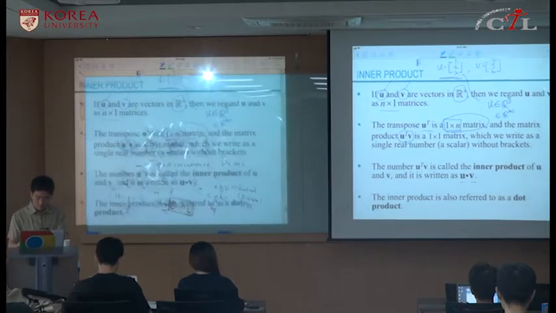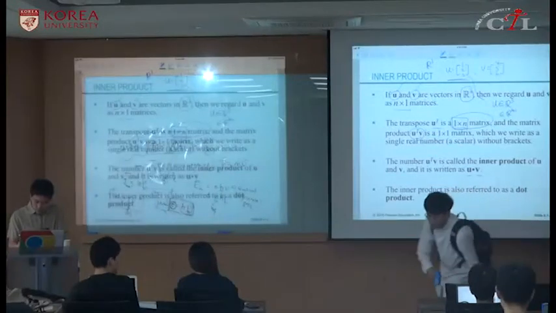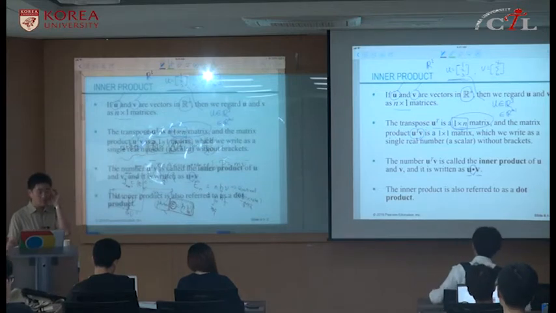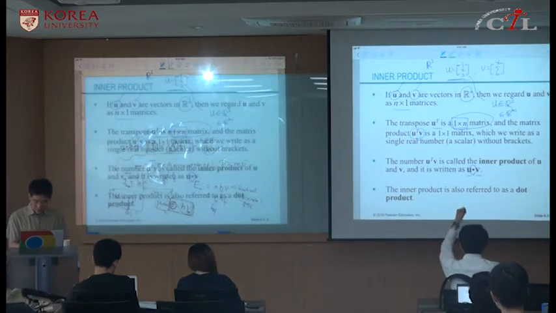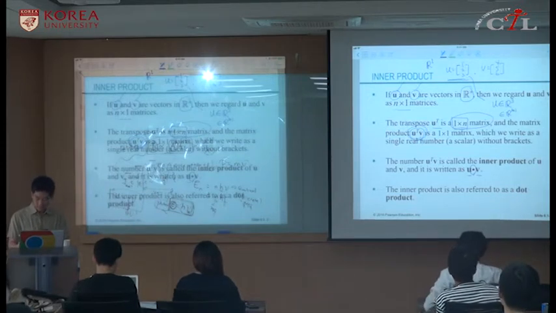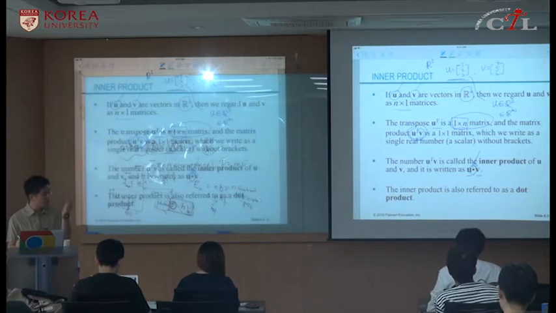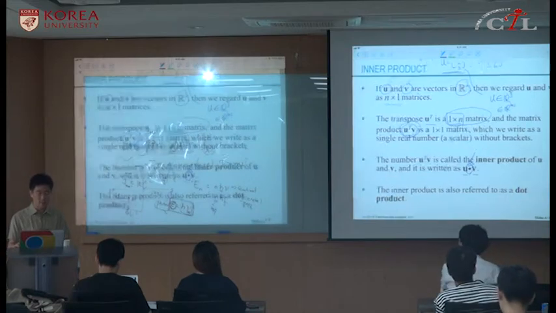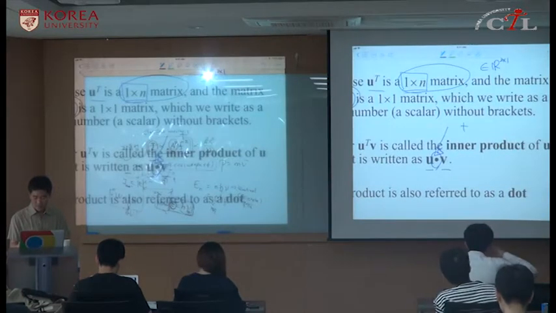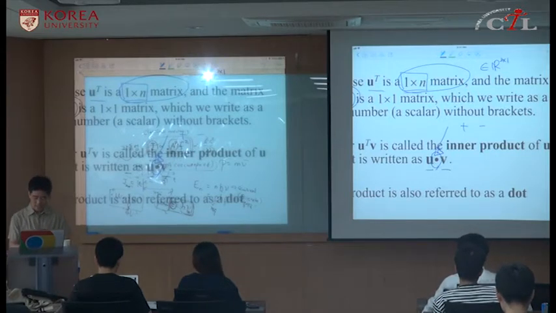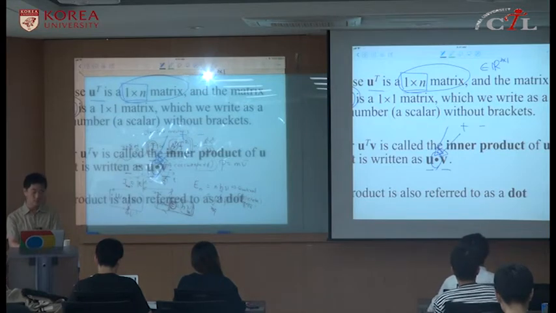This little thick dot is representing the inner product operation, and this guy is the matrix multiplication. You can understand this thick dot as a special kind of operator between vectors. We have addition, subtraction, and these kinds of operations, and now we are learning a new operation denoted by this thick dot.